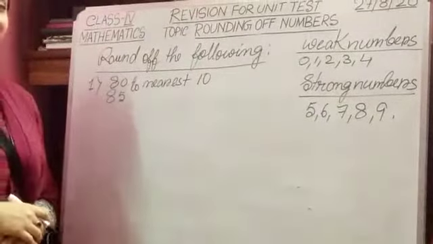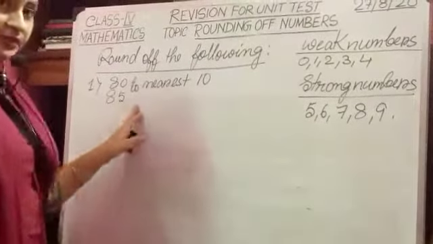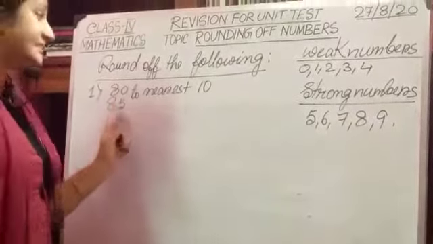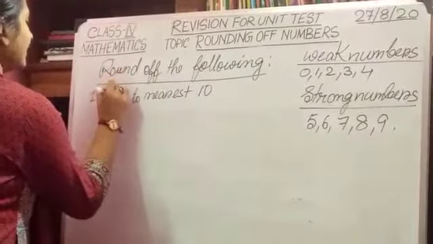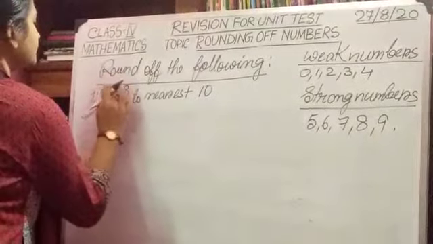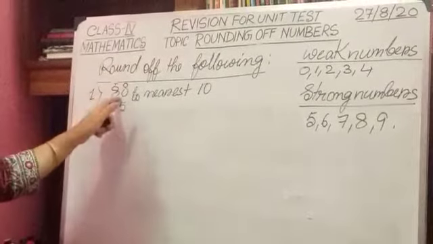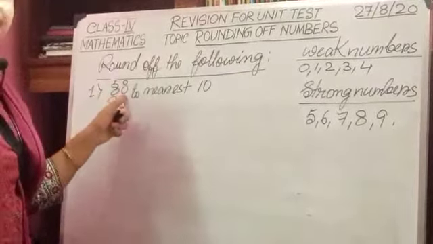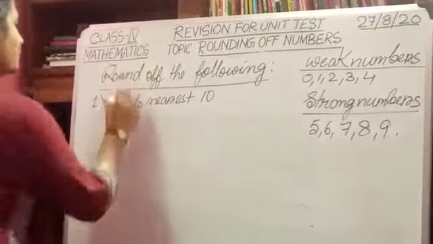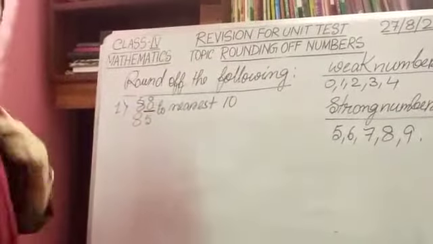Right, children? Okay. To estimate numbers to their nearest tens, that means tens and ones, we have to look at the number in the ones column, right? So, here it is 0.